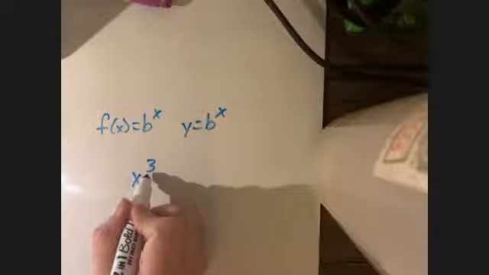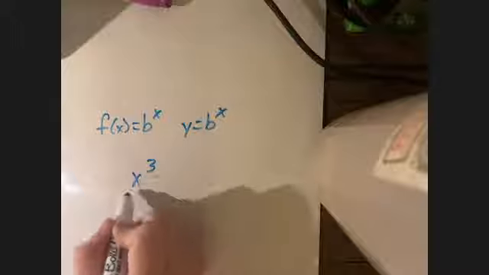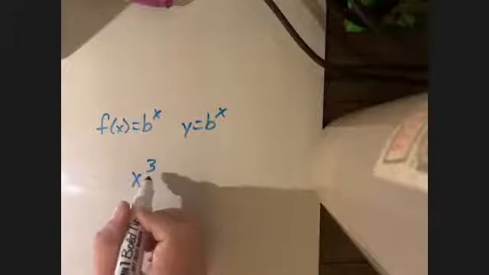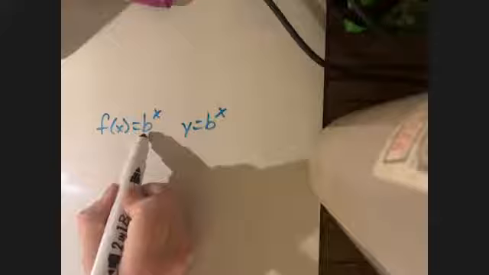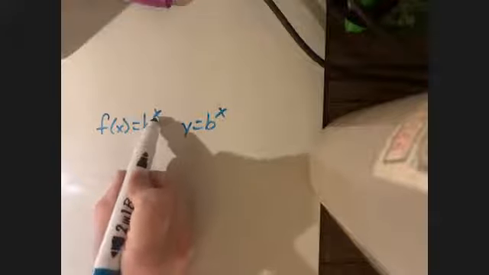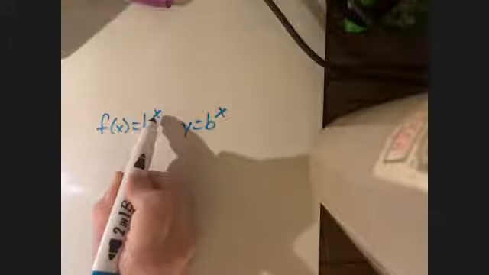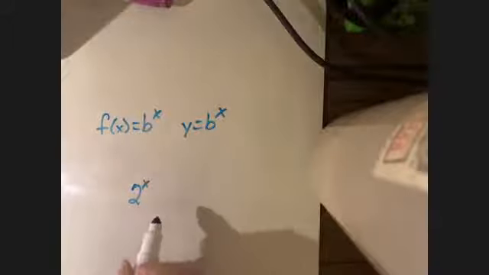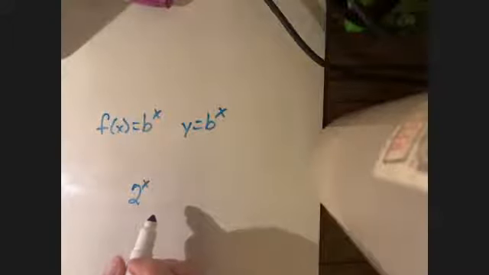So I would do 2 cubed and 3 cubed, and I could do 1.7 cubed and things like that. What we're doing now is we're going to lock a number down for our base, and then we are going to run through all of its powers. So now, if I did something like 2 to the x, I would be looking at 2 squared, 2 cubed, 2 to the 4th, 2 to the 1.5, or 2, so things like that, where we are now changing what that exponent is.